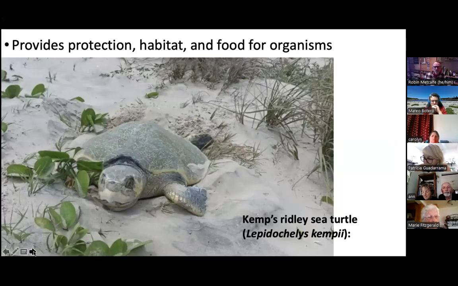Turtles commonly nest on dune systems. You can see Lepidochelys kempii in this case, and 3 species of sea turtles arrive on the Yucatan coast during the summer. And they have a lot of problems with anthropic disturbances.